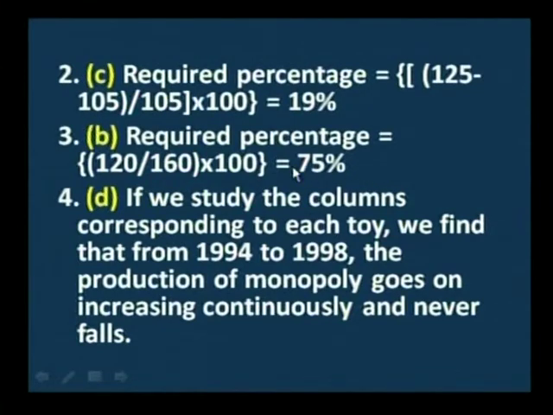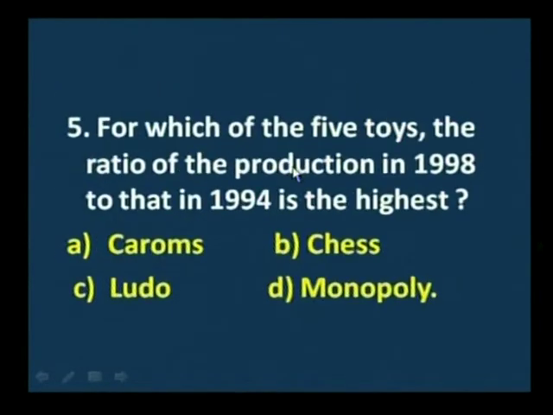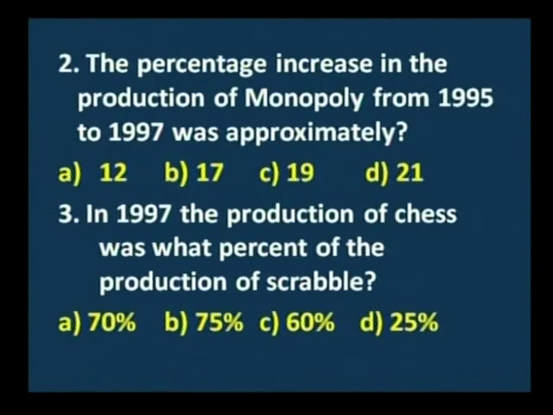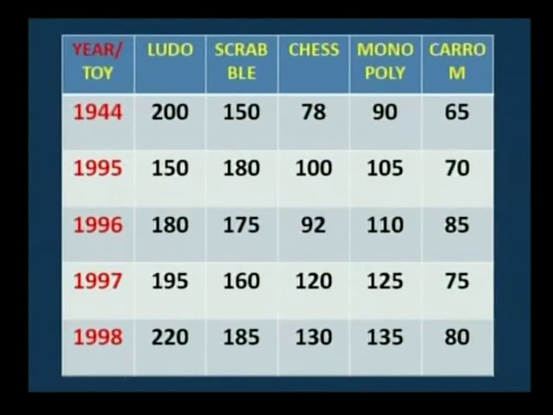Now, similarly, what was the third question that was asked? Third question is about 97, the production of chess was what percentage the production of Scrabble. So, again corresponding to 97, the production of chess is 120 and the production of Scrabble is 160.